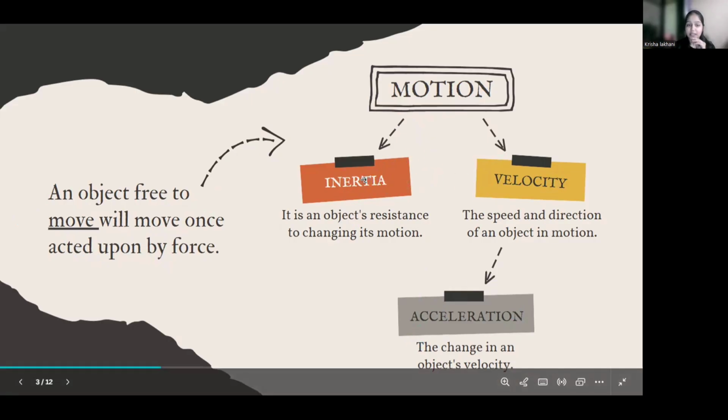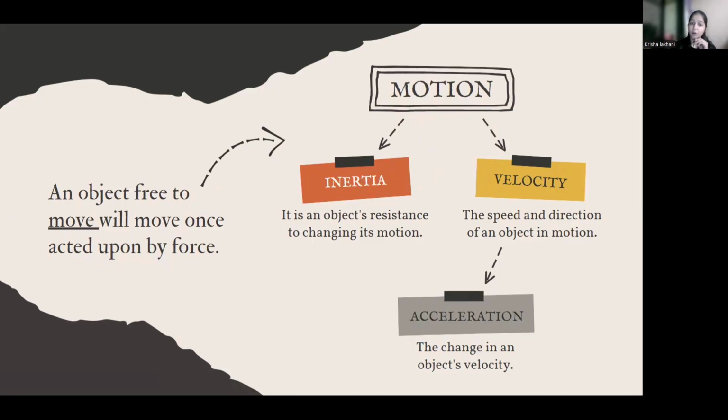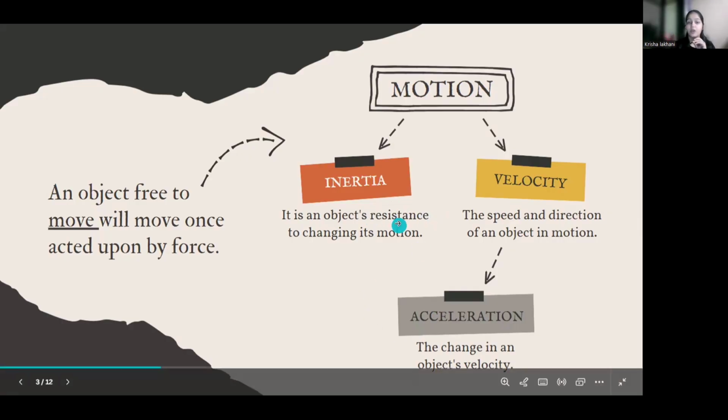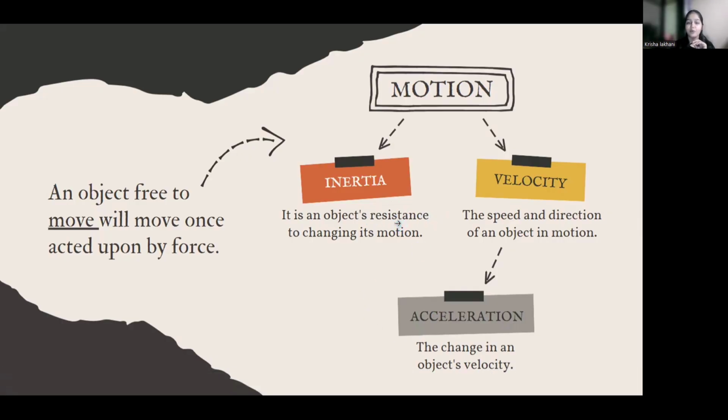As you can see here, inertia is an object's resistance to changing its motion. Inertia is nothing but the internal energy, the capacity of the object to hold itself at the same position until there is a force.